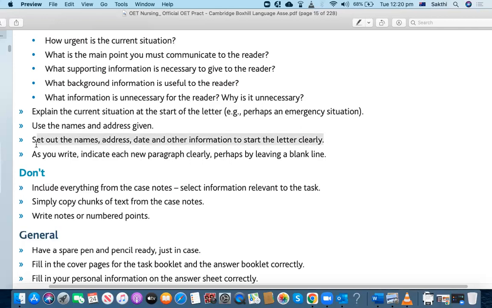When you write a letter, you need to clearly convey the name of the recipient, the address of the recipient, the date, as well as all the other information before you start writing the salutation or the introduction paragraph of the letter. So before you can convey everything, this is the only thing you have to copy from the case notes. Is that clear with everyone? Once you go to the writing task section, you will see the recipient's name, organization, designation, and their address.